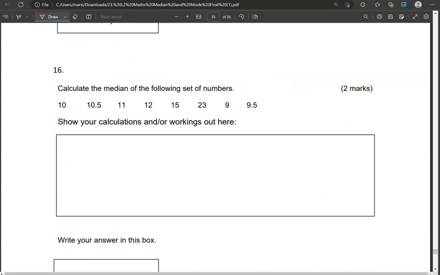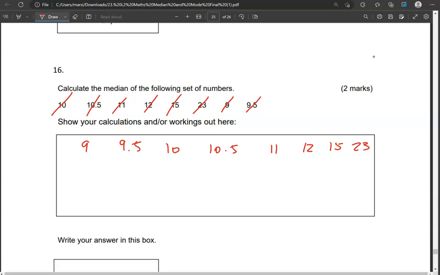Calculate the median of the following set of numbers. So again, putting the numbers in order. Got 9 first, then 9.5, then 10, 10.5, 11, 12, 15, 23.